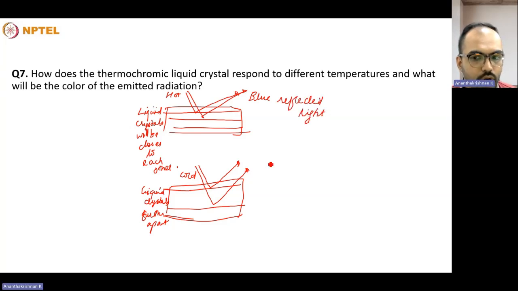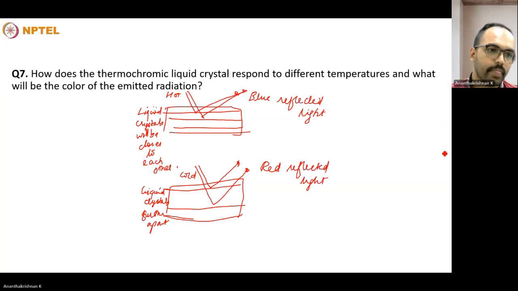In the case of a cold material, it will emit a red reflected light. So in the case of a cold one, the emitted light will be more towards the red side. In the case of a hotter one, the emitted light will be more towards the blue side.